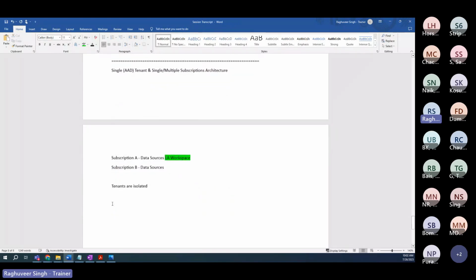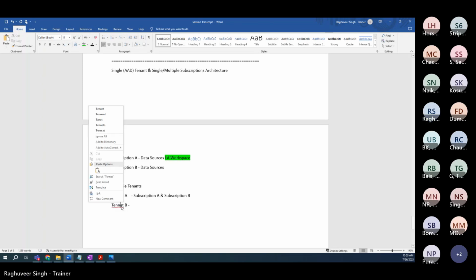However, if I have multiple tenants, let's say I have tenant A, which has subscription A and subscription B. I have tenant B, which has subscription C and subscription D. I'm just taking a simple scenario here.